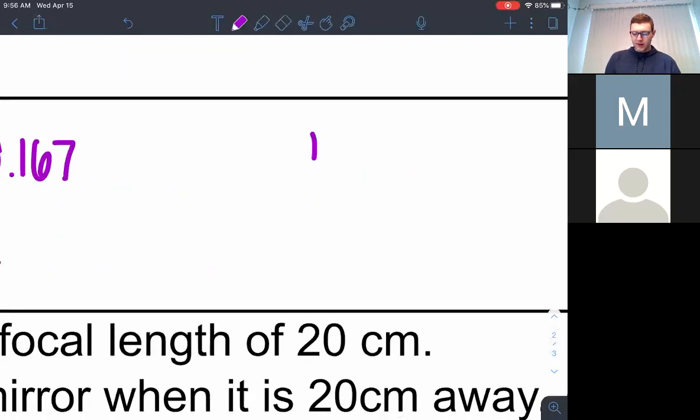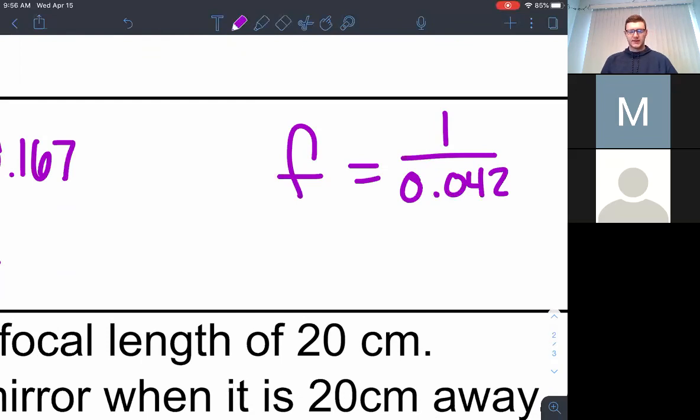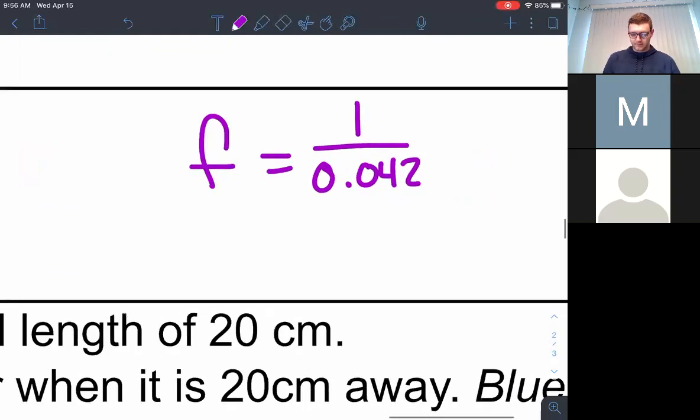So if we want to find F, we take 1 divided by that 0.042 to find our answer. 23.8.